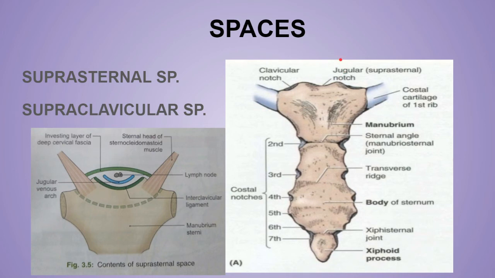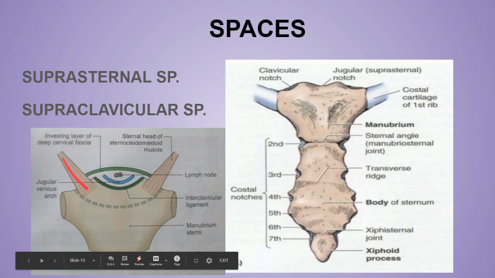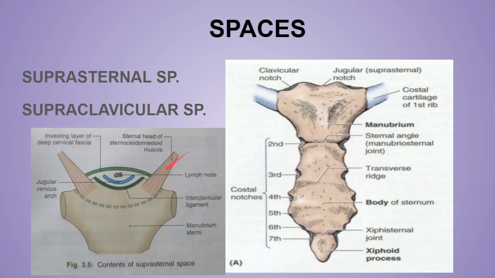The contents of it over here are the sternal head of the right and left sternocleidomastoid muscle, as you can see over here, then the jugular venous arch, the lymph node, and the interclavicular ligament.